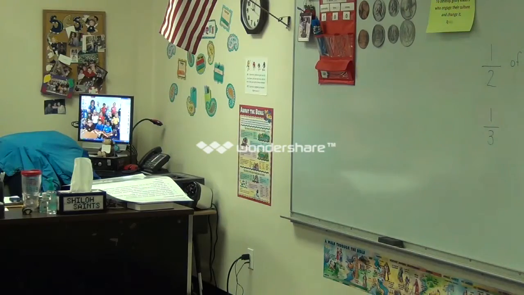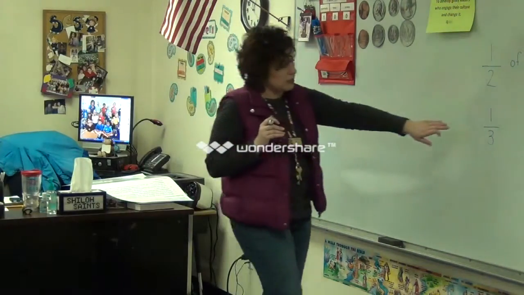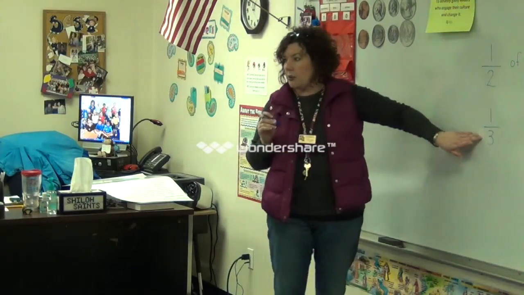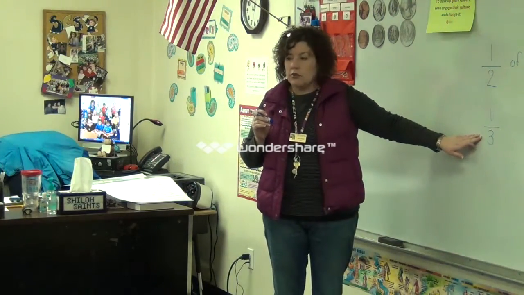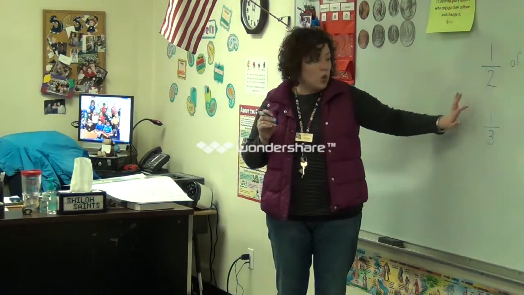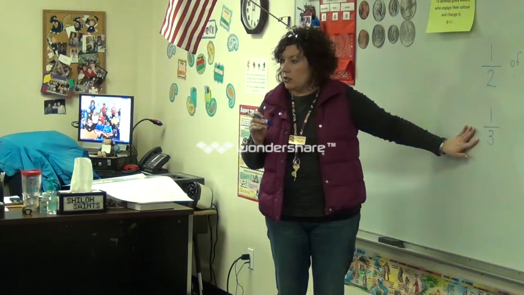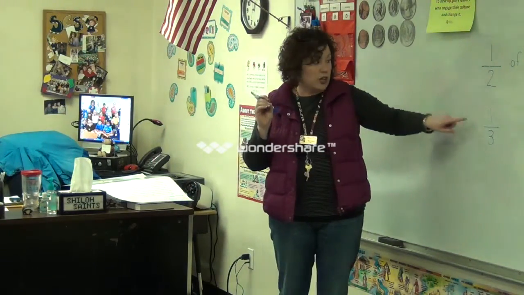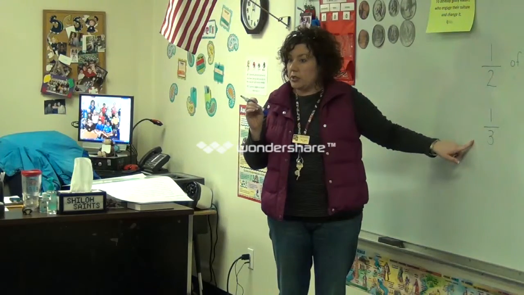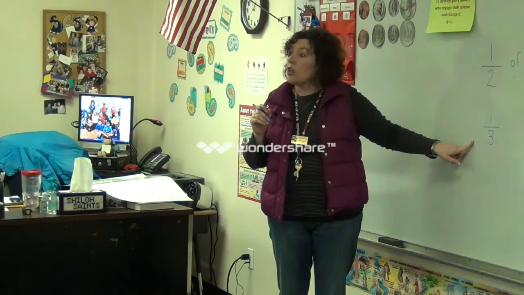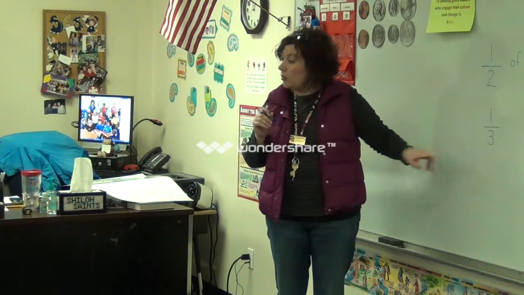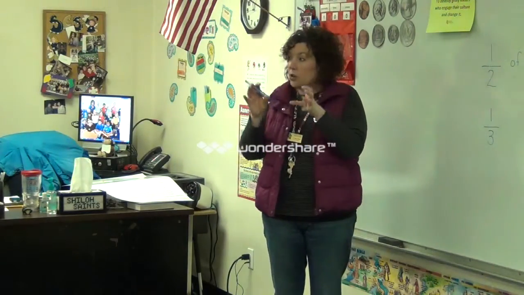When it's a third, that bottom number's a 3, and that tells me how many pieces or how many equal groups I have to have. Okay, so if I have 1/3, how many beans are in one of those groups? Kara? 4. There are 4 if you had 3 equal groups.